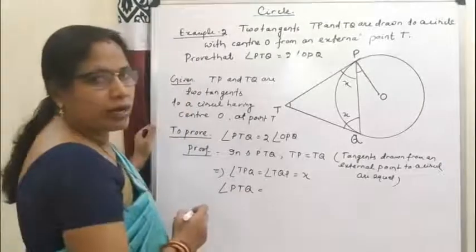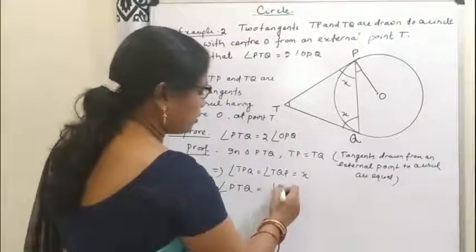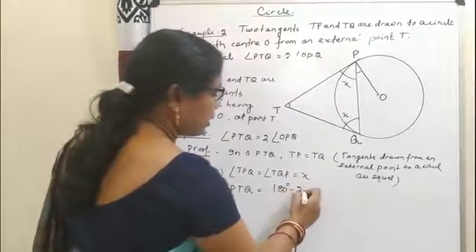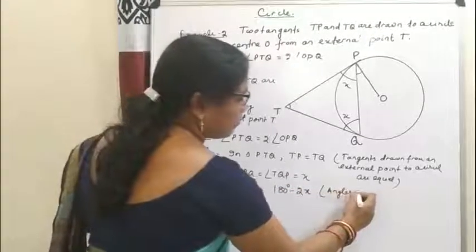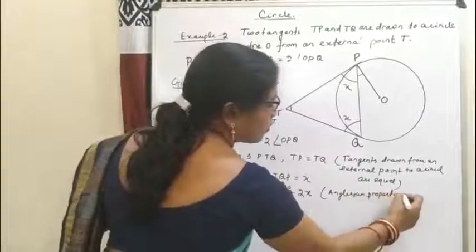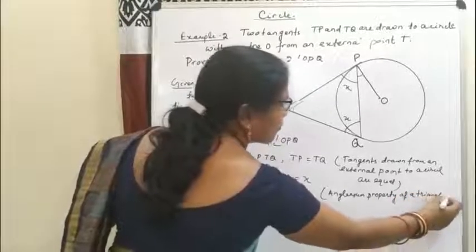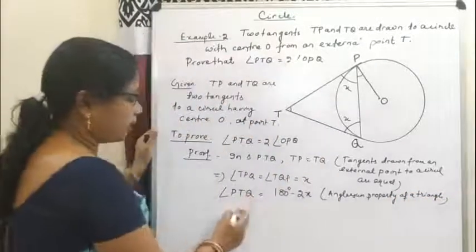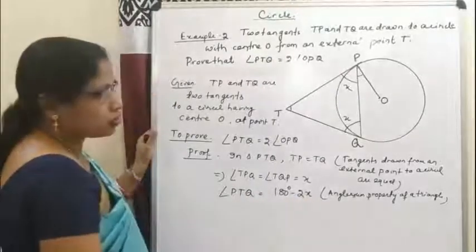According to the angle sum property of a triangle, angle PTQ is equal to 180 degrees minus 2x.